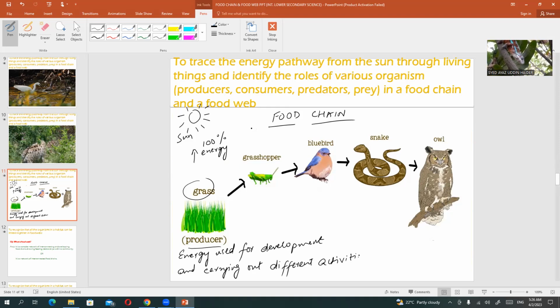Now this grass is eaten by grasshopper. So grasshopper will get less energy than the amount of energy received by grass. And then this grasshopper is eaten by other consumers. Bluebird is eaten by snake, then snake is eaten by owl. In each stage, there is a decrease of energy.